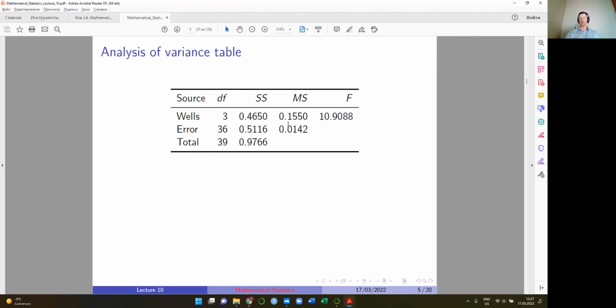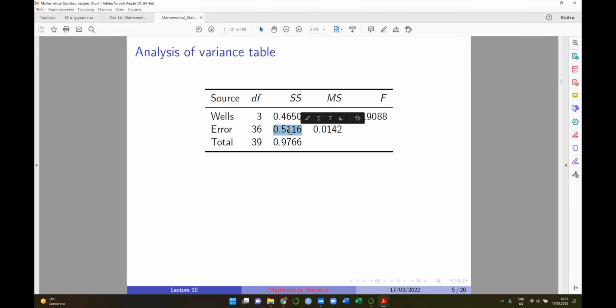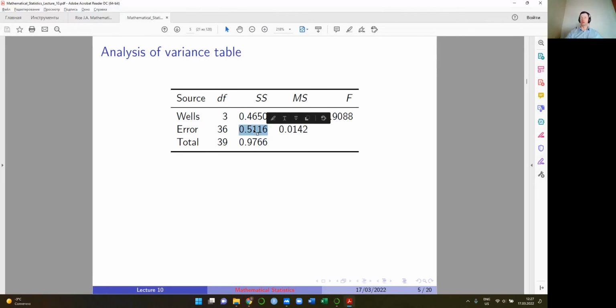So here is the result. We calculated sum of squares between, we calculated sum of squares within. Also, those are called wells and error. So this is the reason why X changes due to wells. And this is the reason why production of oil or extraction changes due to the error term, to the epsilon.